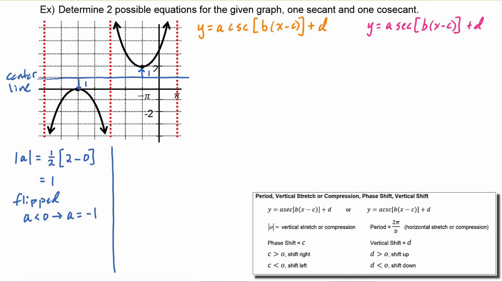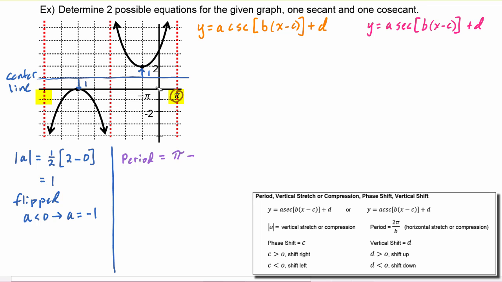Next, we can look at the period of the graph, and we have to subtract the ending value, which we see here is pi, minus the starting value, which we need to figure out. So since this is pi, that means each dotted line is going over by pi.